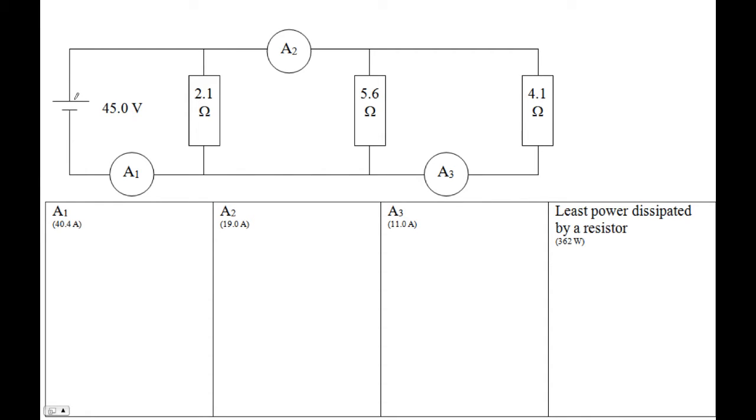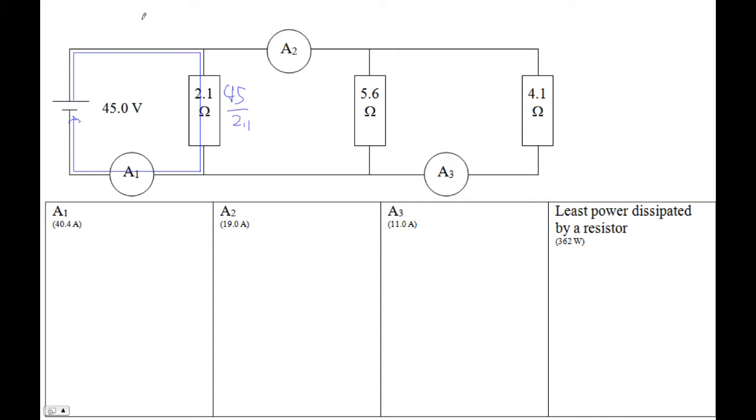I'm going to call this current number 1. It goes here, here, here, here, here. Okay, and that current would be 45 divided by 2.1.